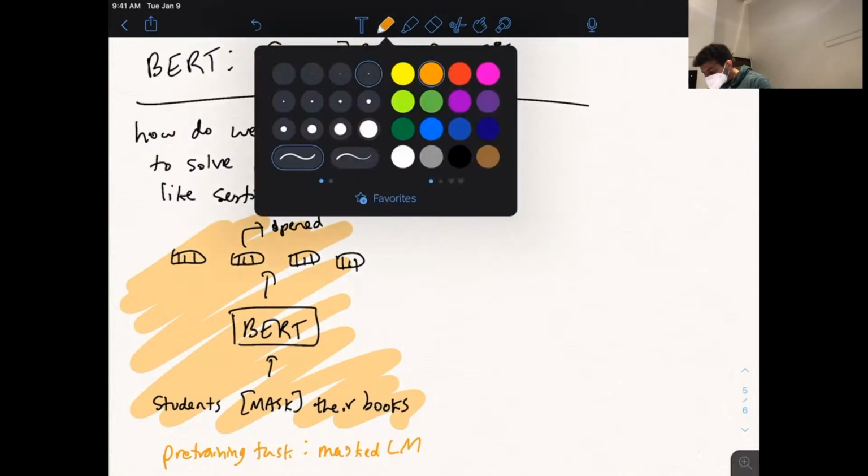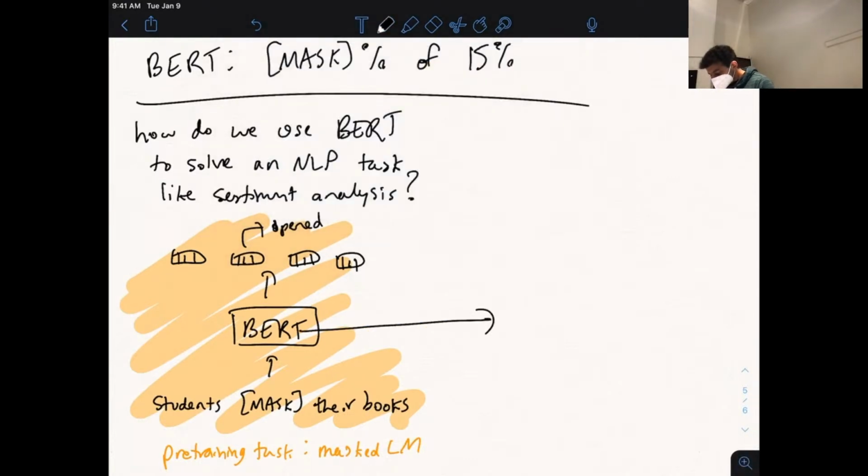And now we are going to transfer this model, which means after we train this BERT on masked language modeling, we take its parameters and copy them over to initialize a sentiment model. So here I might have a sentence, this movie is good.